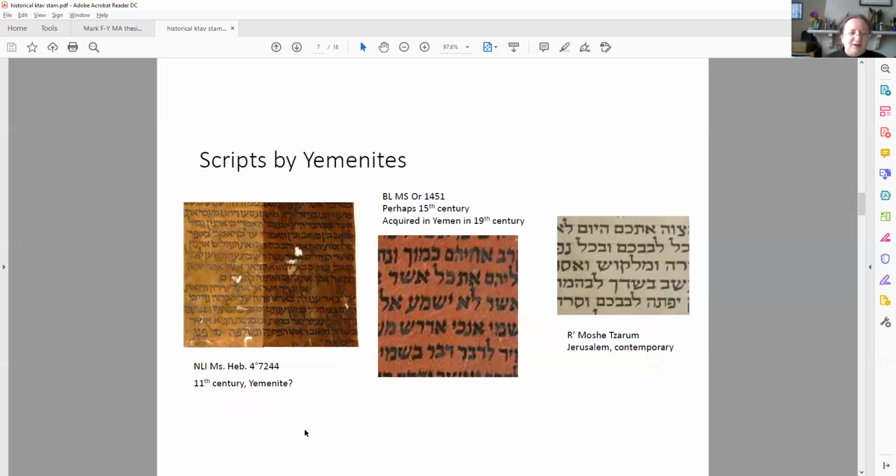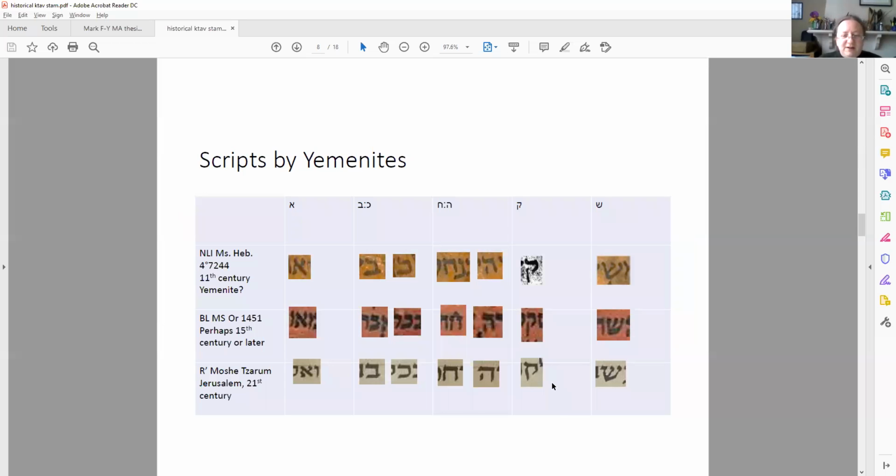Here are some more Yemenite manuscripts. The one on the left here, I boosted the contrast a bit so that we can see it. Then there's one that's perhaps 15th century, perhaps a bit later. And there's one from a contemporary Yemenite. The fun thing about these is they're quite varied.